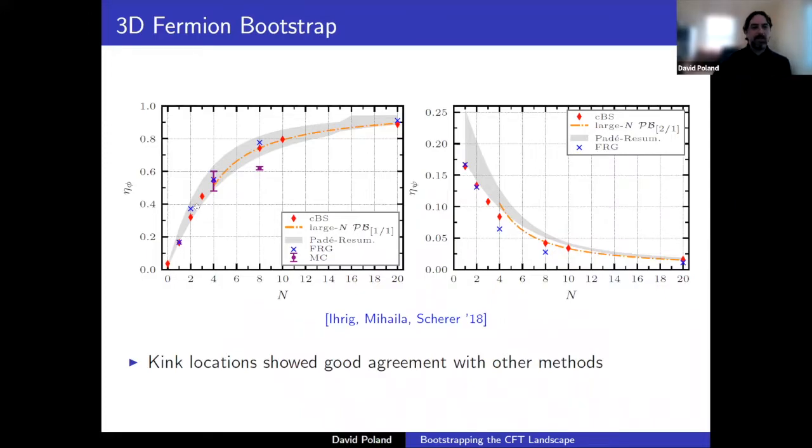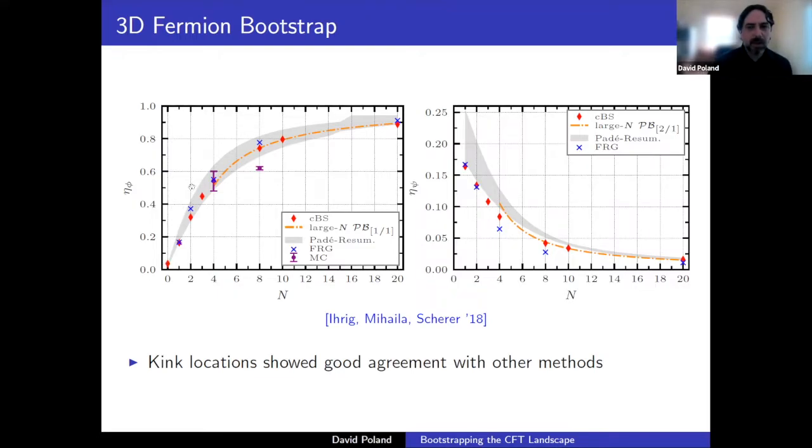You can see that for the exponents eta phi and eta psi, related to the scaling dimensions of sigma and psi, there's pretty good agreement between the bootstrap results, which are these red diamonds, and the other methods.